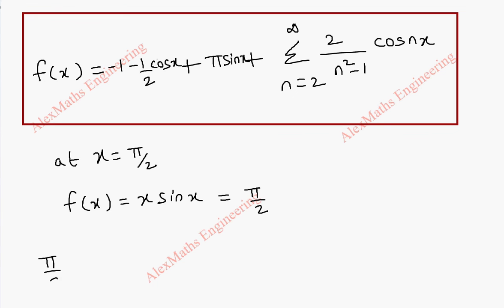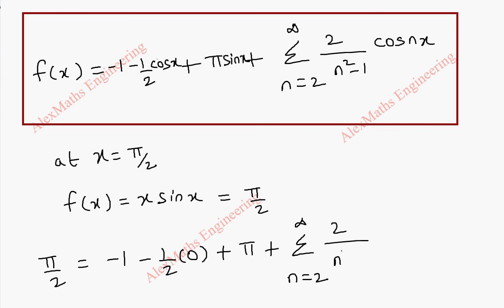So this is pi by 2 equal to minus 1 minus 1 by 2 into cos pi by 2 is 0, and again sin pi by 2 is 1, and here sigma n equal to 2 to infinity 2 by n square minus 1 into cos n times of pi by 2.